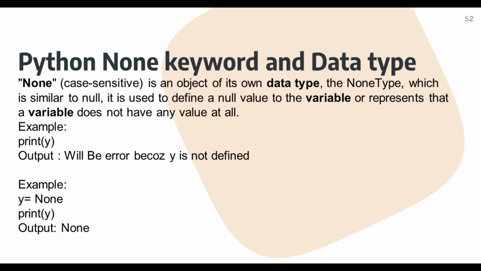In such a condition, we define a variable with the None data type. Here you can see the example. If I directly print y, it will definitely give me an error because y is not defined. To overcome this problem, I just use y equals None and then print y, and it will print None.